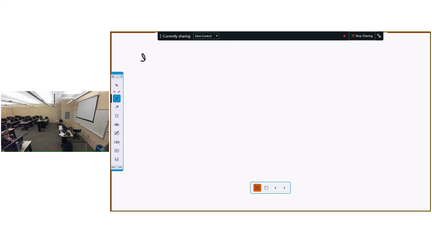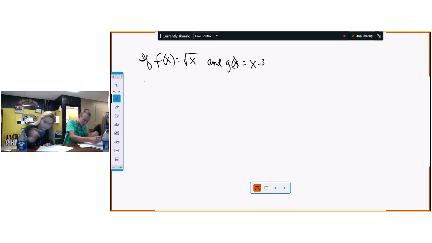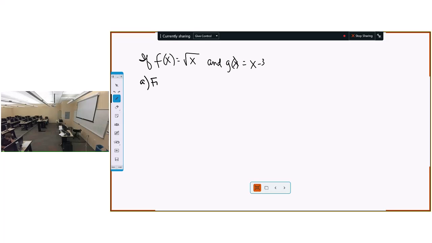Okay, so if f of x equals the square root of x and g of x equals x minus 3, the first thing we want to do is find the domain of f circle g.